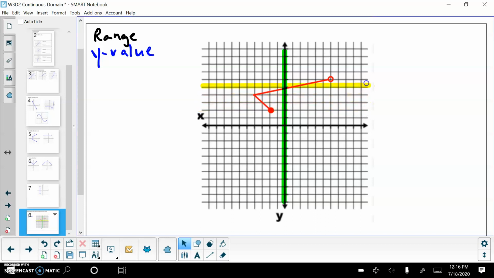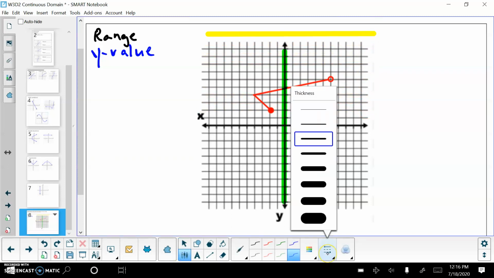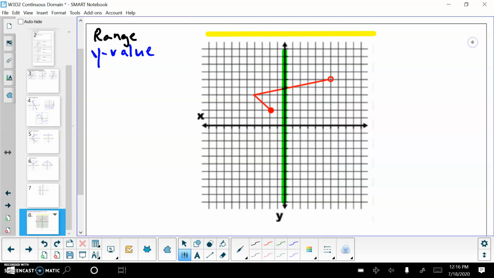So I'm just going to take my pencil or my marker, and I'm going to draw a little arrow from it to the y-axis, and I'm going to circle that spot. If I count it up, from the origin, that's at positive 1, 2. So that's at a 2. I'm going to put that's my low number.